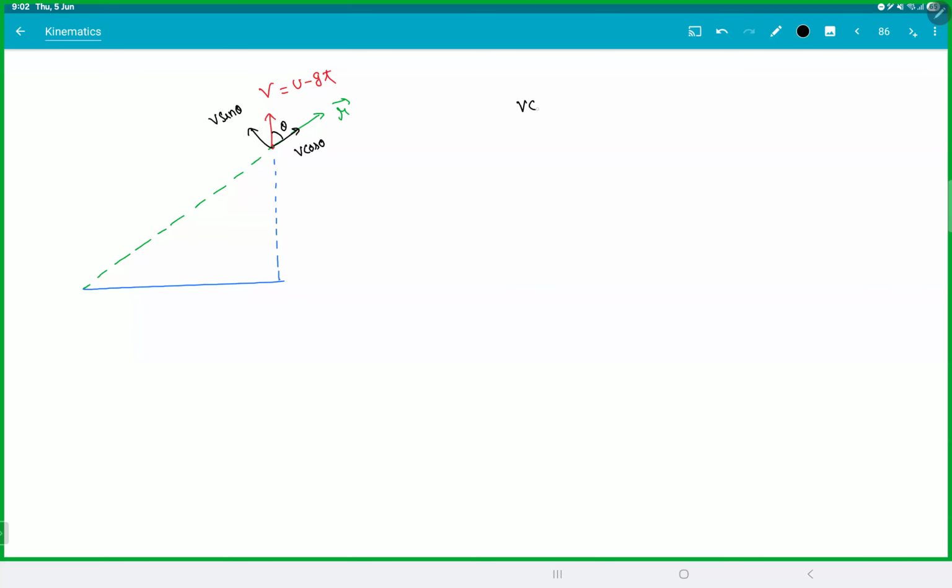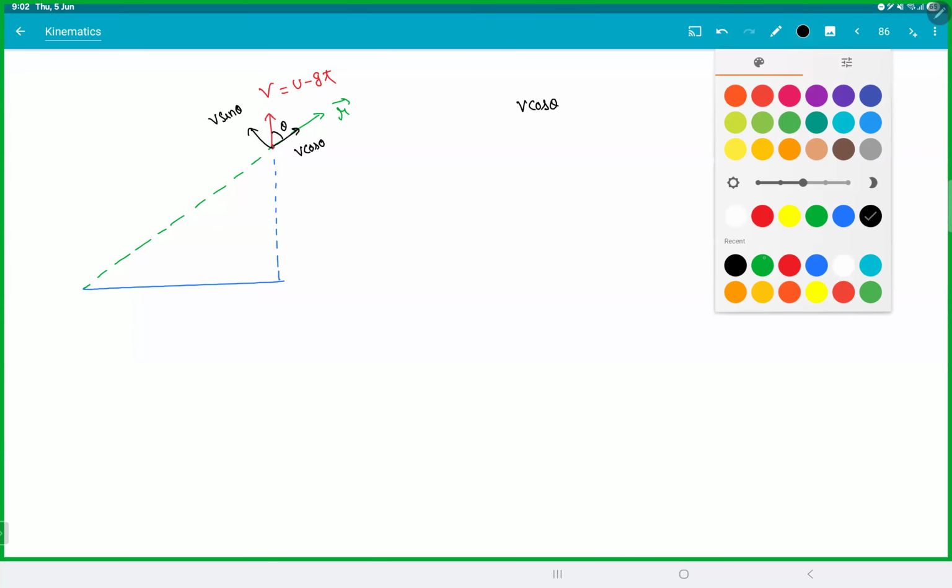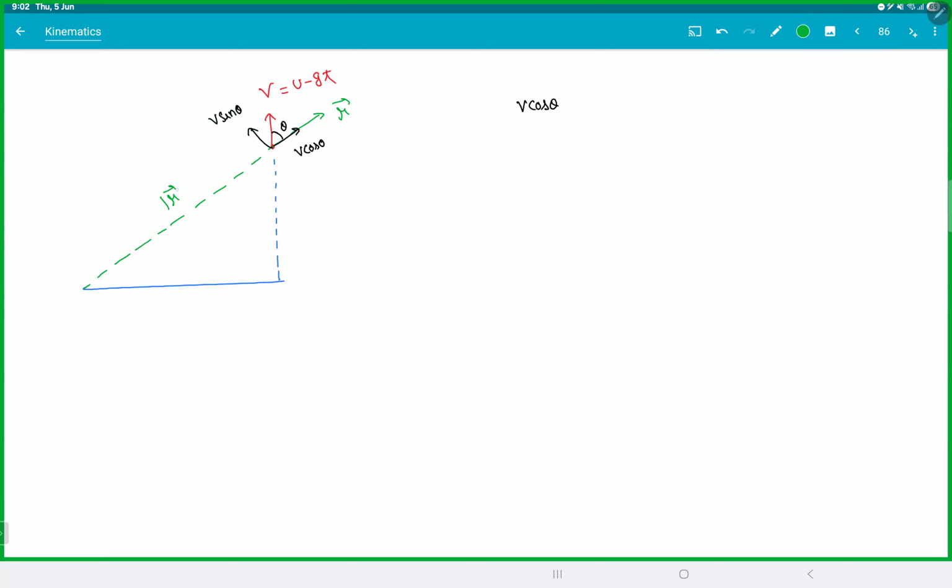Here v cos theta is responsible for changing the length of the vector. So if this is mod r bar, the one who increases mod r bar is v cos theta. V cos theta is responsible for changing the length of the vector. Be careful, d mod r by dt and this thing are completely different things.